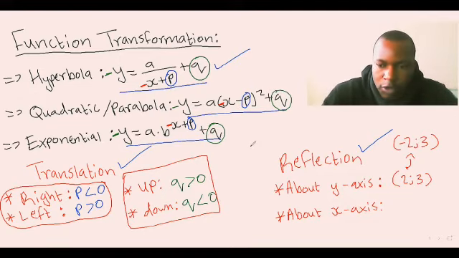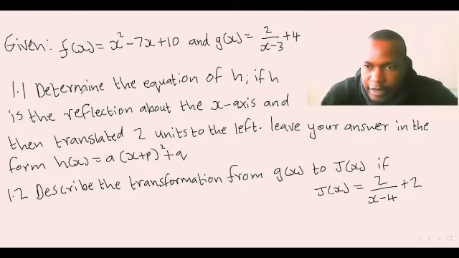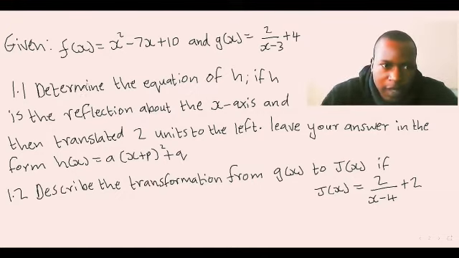I want us to also go through some questions that I've prepared, so I'll just move on to the next page for them. It says, given f of x, which happens to be a quadratic, and g of x, which happens to be a hyperbola, 1.1 wants us to determine, I'll just maybe make use of another color here, the equation of h.